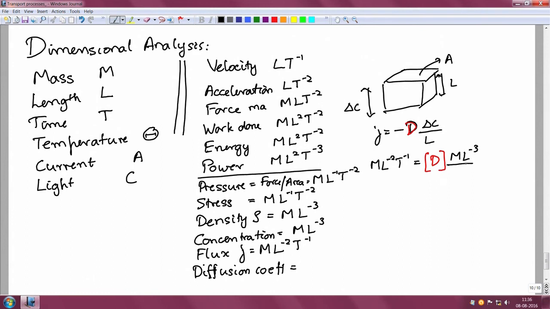That has to be divided by the distance between those two locations. From this you can see quite easily that the mass dimension will cancel out on both sides, and the dimension of the diffusion coefficient turns out to be L squared T inverse.